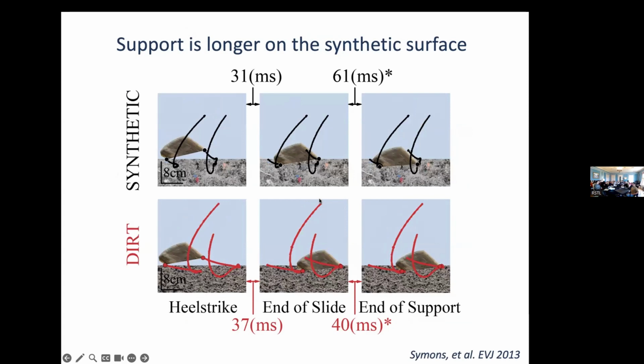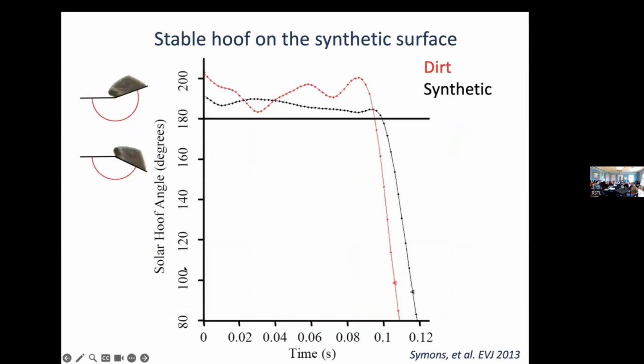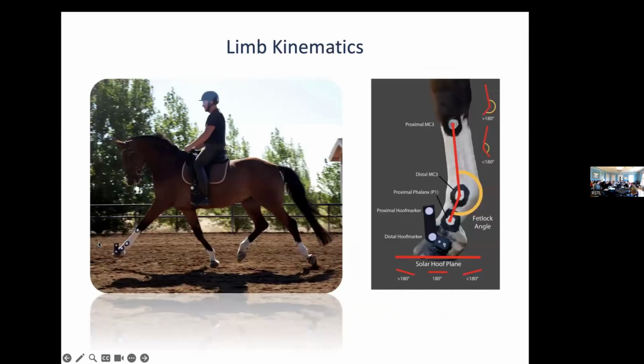The hoof stops, it stays there for a long time. The load profile on the limb is different with different hoof movements through the surface. And not only that, the stability of the hoof within the surface is different between the two surfaces. On the dirt surface, the hoof is really hunting for stability, and the synthetic surface is fairly stable.